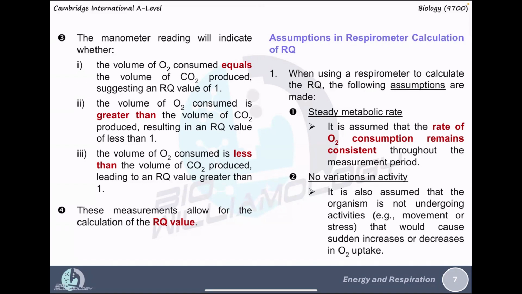So by having this assumption, now let us look at what are the possible outcomes after T units of time, or duration of time, with this respirometer without soda lime.